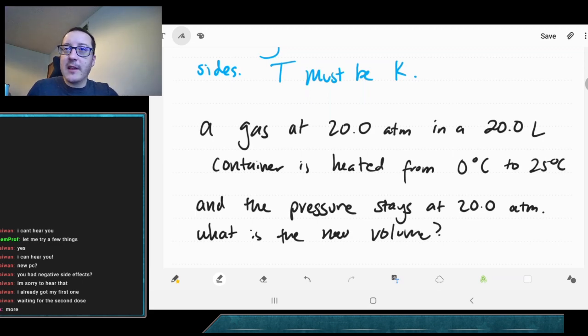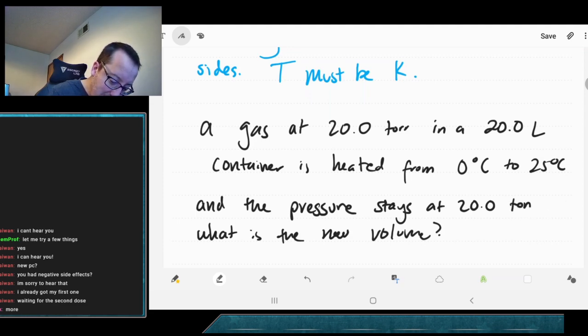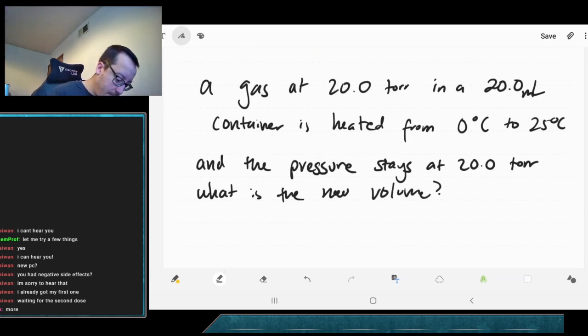Okay, so if we do something like this, let's go ahead and use torr instead. We'll see it really doesn't matter. And milliliters, who cares? Let's have some fun with our units. So with that, we can try plugging stuff in.